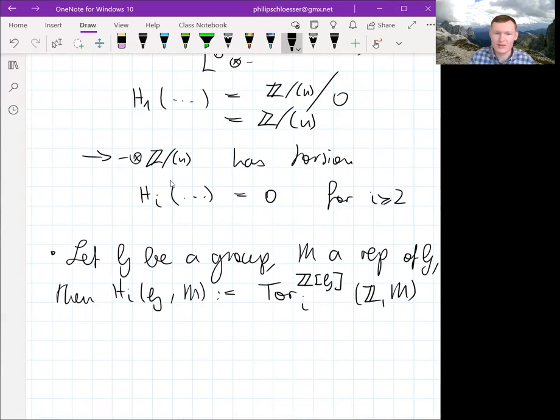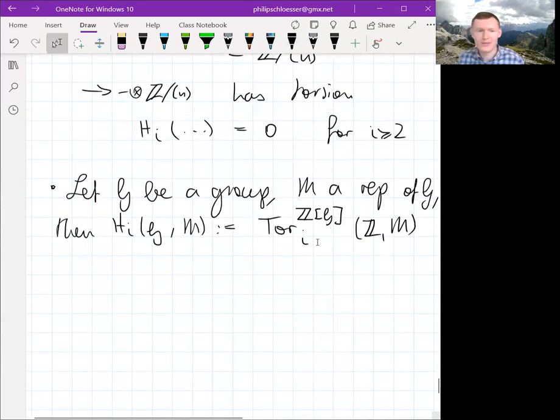And just by taking the trivial action, we can also turn Z into a ZG module. The torsion then tells us some global properties of the group. According to Wikipedia, it doesn't have much of an intuitive meaning. But for group cohomology and Lie algebra cohomology, there exist actual interpretations, which are much more interesting.